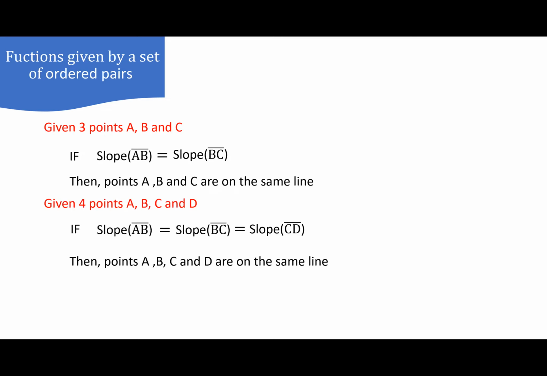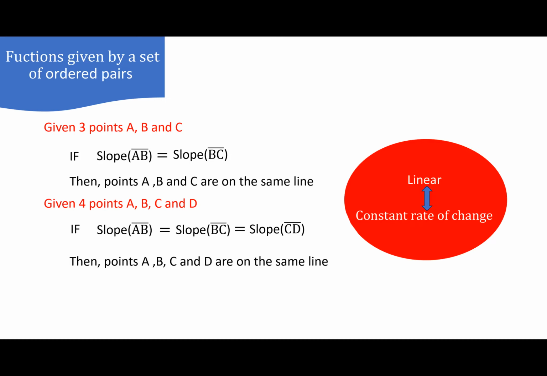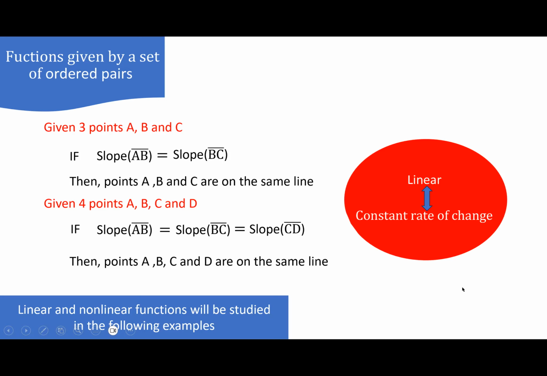Given 4 points, A, B, C, and D, you calculate the slope AB, slope BC, slope CD. If they're all equal, then A, B, C, and D are on the same line. We refer to this as constant rate of change. Constant rate of change makes the function linear. Linear and nonlinear functions will be studied in the following examples.